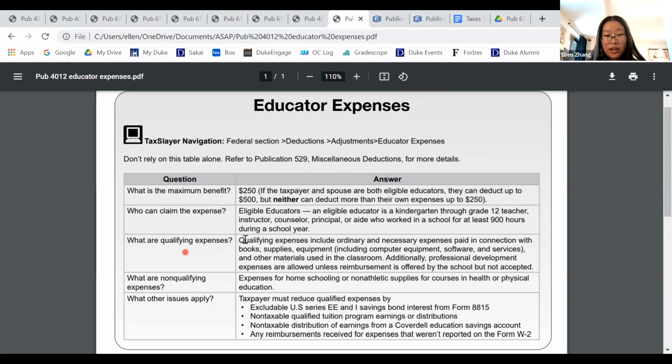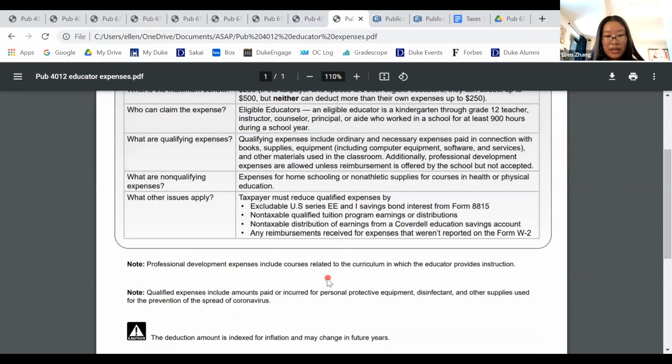And there are some qualifying expenses too, such as anything that's ordinary and necessary to education, such as books, supplies, and equipment. This could also include any computer equipment, software, or services, anything else in the classroom. If we scroll down a little bit here, for 2021, qualified expenses can now include any personal protective equipment, disinfectant, or other supplies used to prevent COVID.